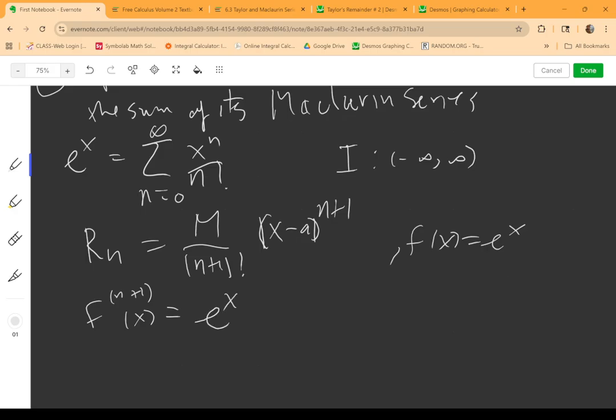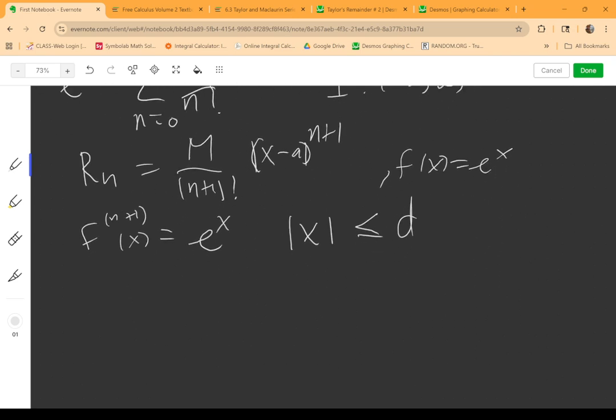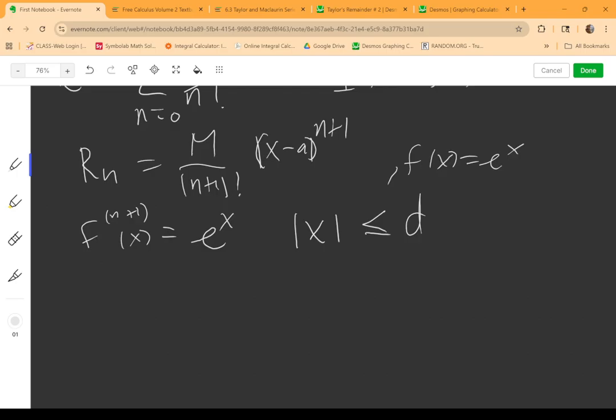Simple. Let's assume that the absolute value of x is less than or equal to some value d. Now, d is just some constant. Whatever x is, x is less than some value d. We don't really need to find it; we just know that it exists. It's just any value that is bigger than x.